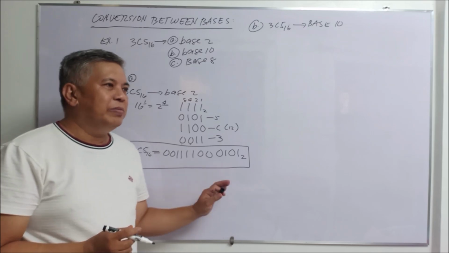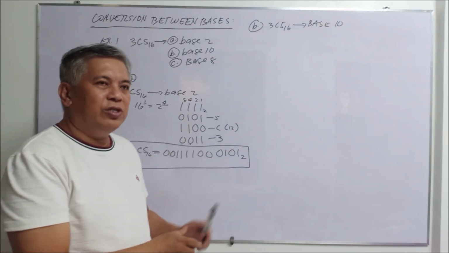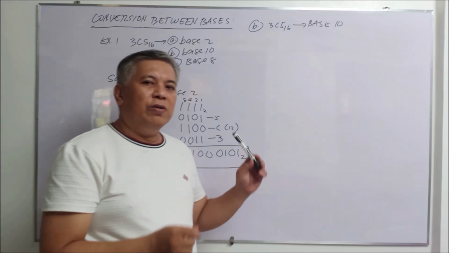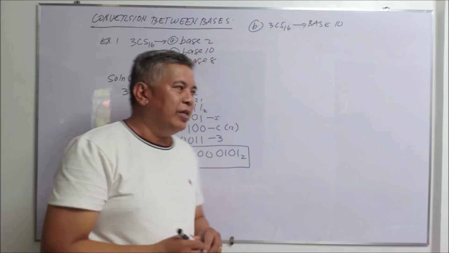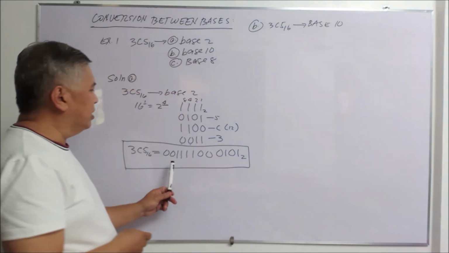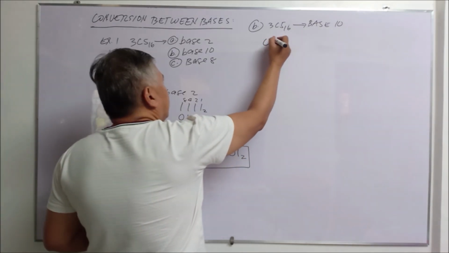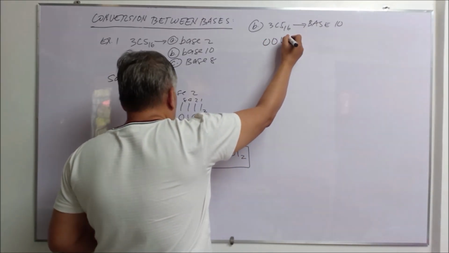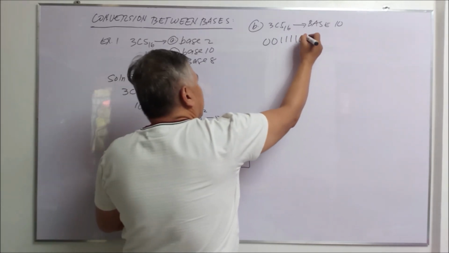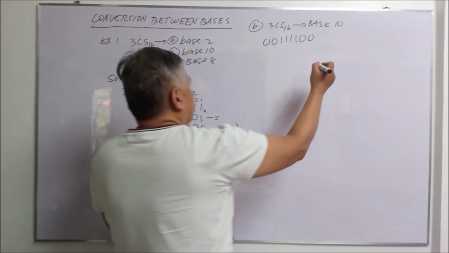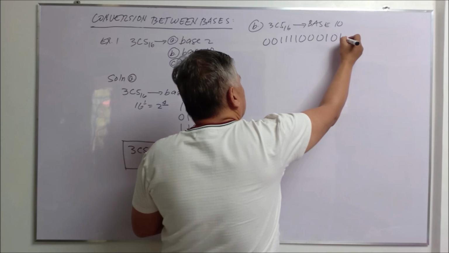Because as I've said, in this method, the short method, we make use of the binary number system as our reference number system. So we just rewrite this one. So you have 0, 0, 1, 1, 1, 1, then you have 0, 0, 0, 1, 0, 1 of base 2.